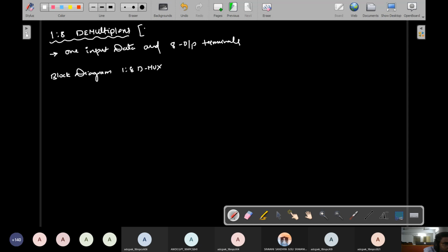It is simply called demux. So right now I have explained the block diagram of the 1:8 demux. So I draw the block diagram of the 1:8 demultiplexer here. This is one rectangular box, it contains one rectangular box.